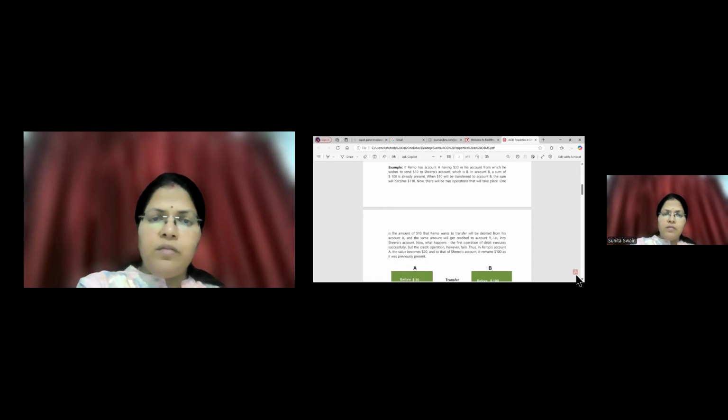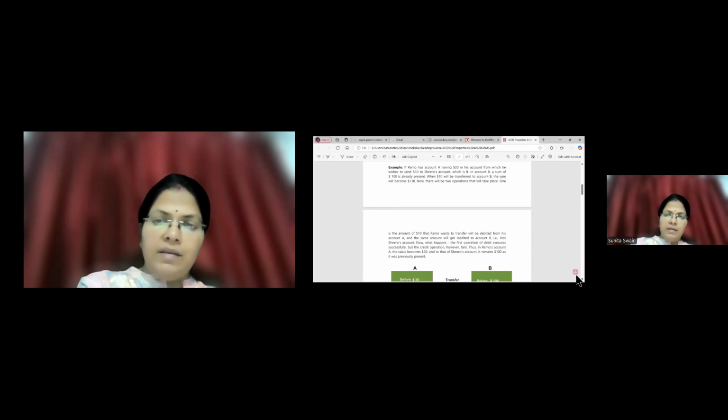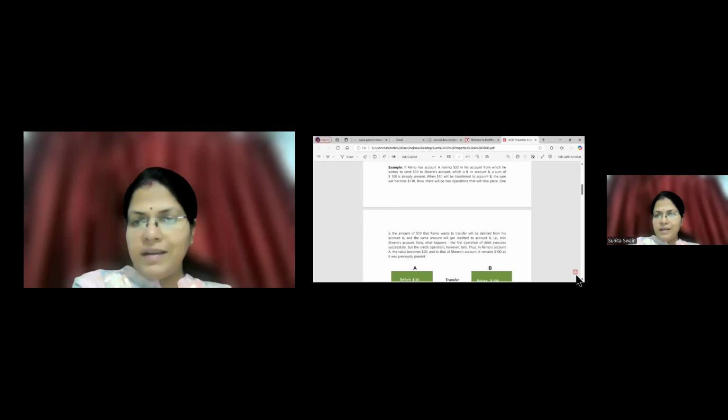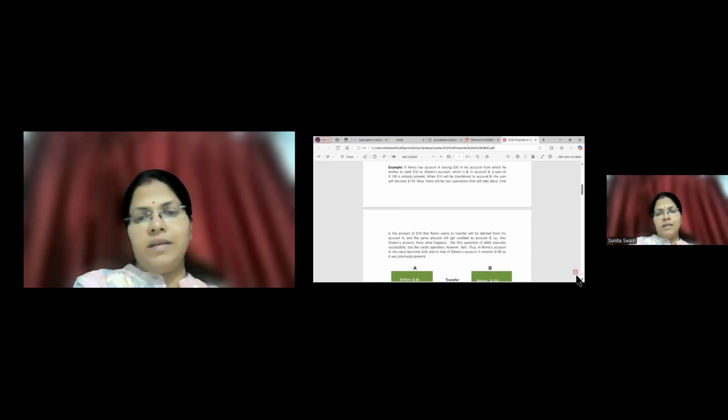Now, there will be 2 operations that take place here. One is the amount $10 that Remo wants to transfer, which will be debited from his account A, and when it is debited, obviously it has to be credited to some other account. That is, the $10 will be credited in account B, which is Shiro's.